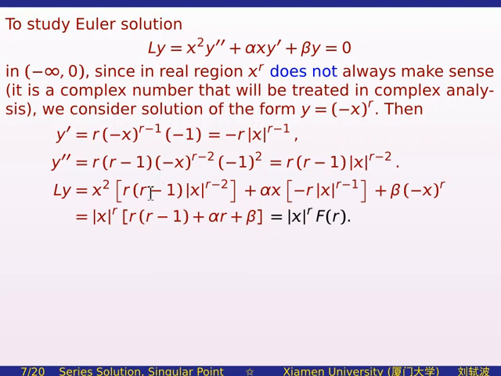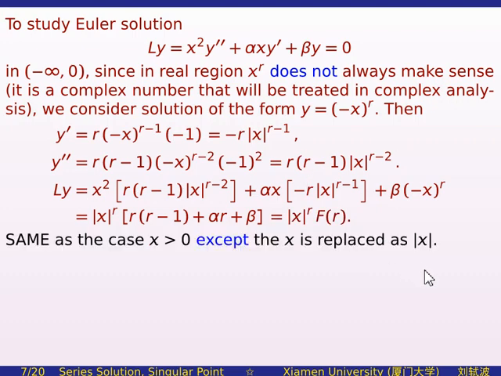So we see that Ly equals the absolute value of x to the power r multiplied by capital F(r). To choose an r so that such y is a solution, we only need to let capital F(r) equal 0. Therefore, this is precisely the same as the positive x case, except that we don't use x. Instead of x, we use the absolute value of x.